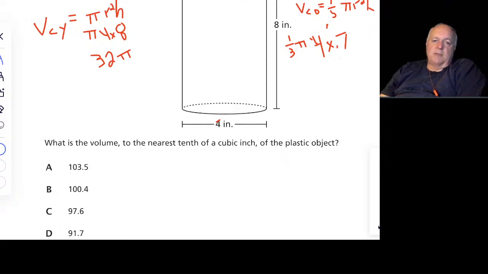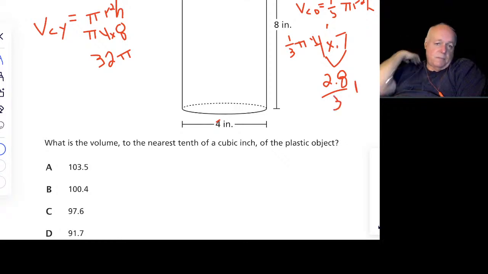It's 4 times 0.7, which is 2.8. And then we have to divide by 3, and then it would be pi. So it's a pretty weird number, but we can see this is about 0.9 pi, right?